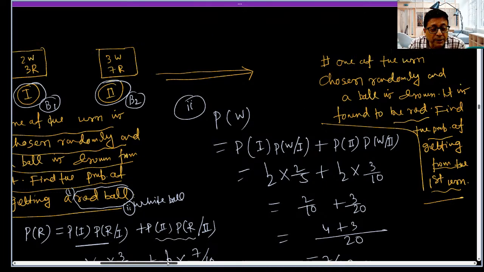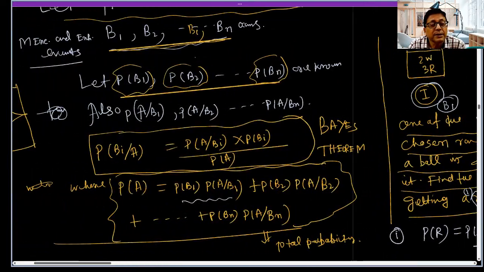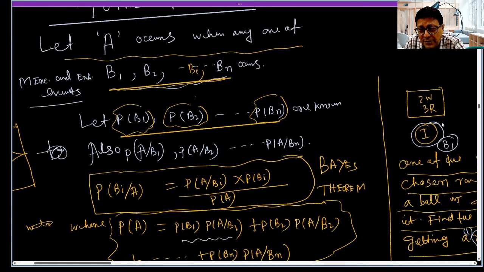I just repeat that part, what we have written there. P Bi by A. B1, B2, Bn stand for what? B1, B2, Bn stand for the events which can occur. B1, B2, Bn stand for those urns. I have written it also already. And we are going to get the probability of red from the first. So a confusion point is there.